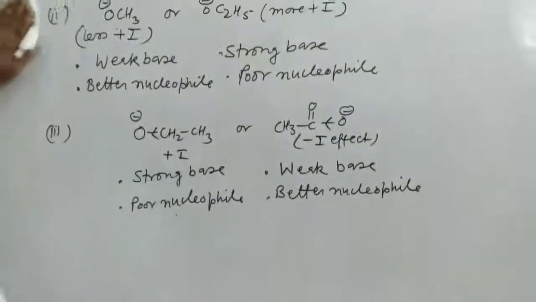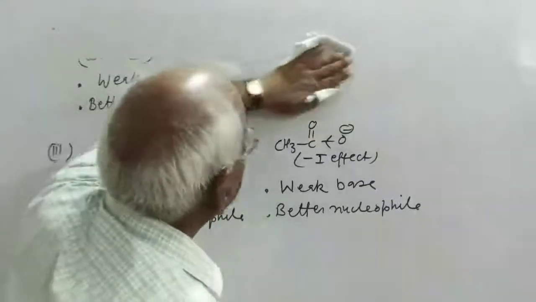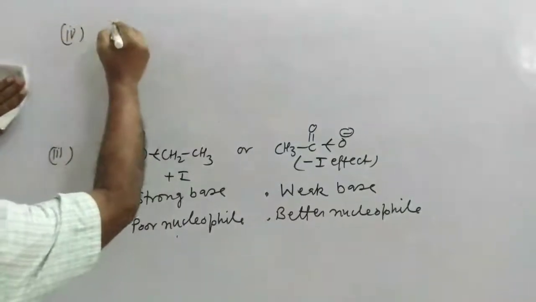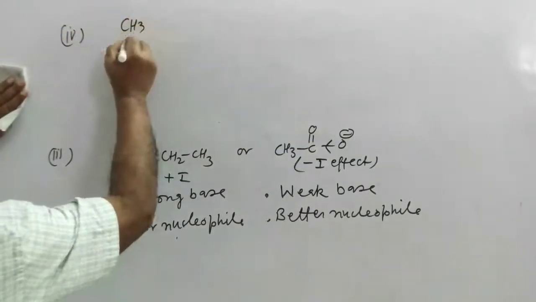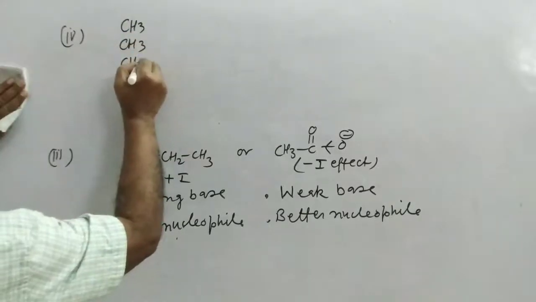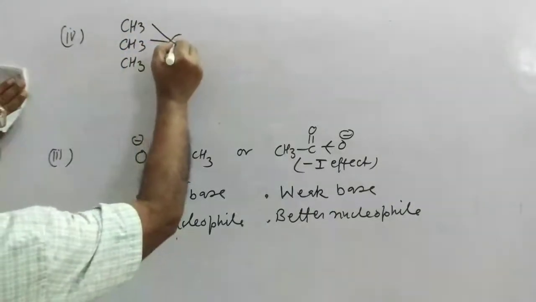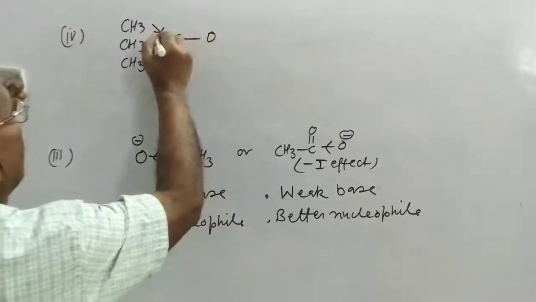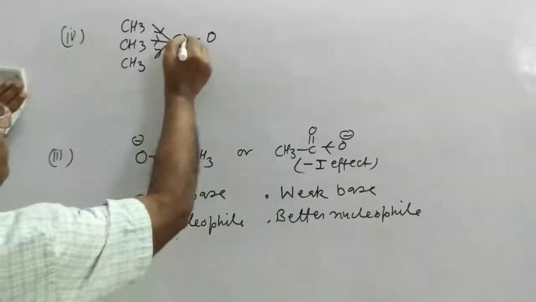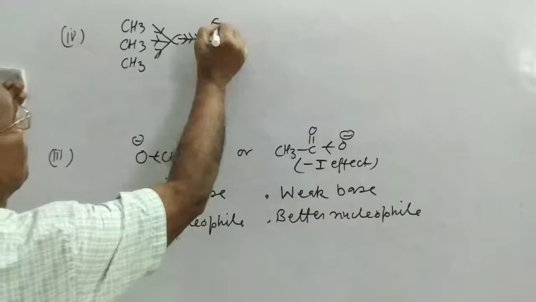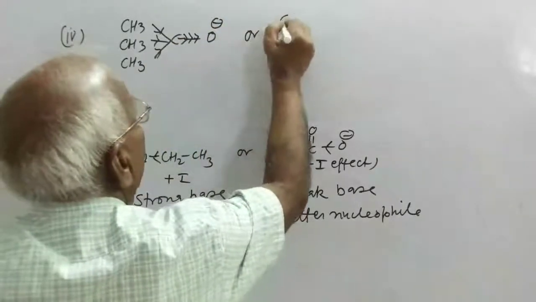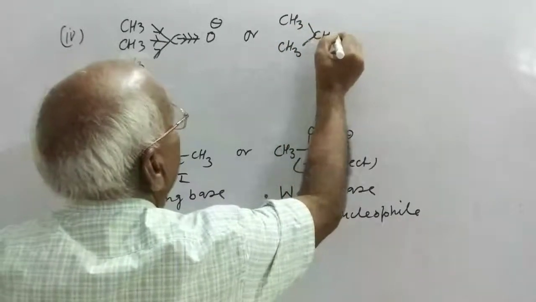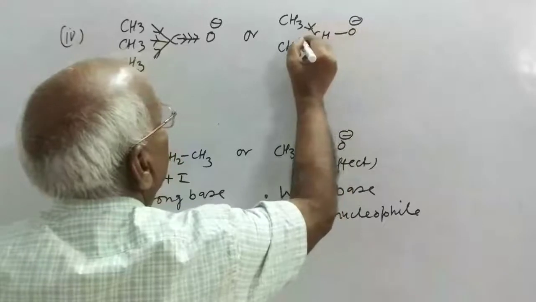One more example. Say this is tertiary butoxide ion. This is my plus I effect maximum. So it is a strong base, or CH3CHO minus, less plus I effect.